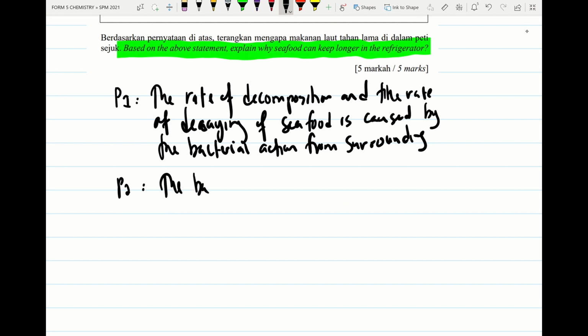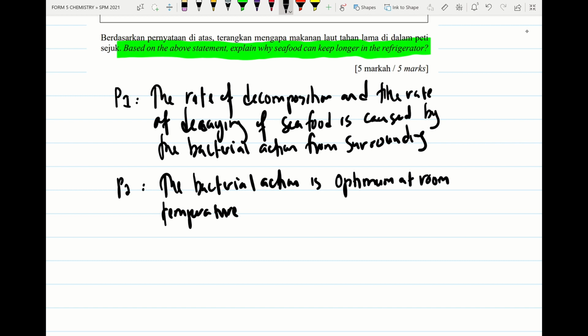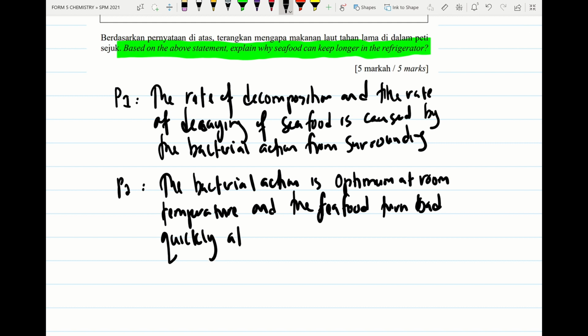Point number two, the bacterial action is optimum at room temperature and the seafood turns bad quickly at room temperature.